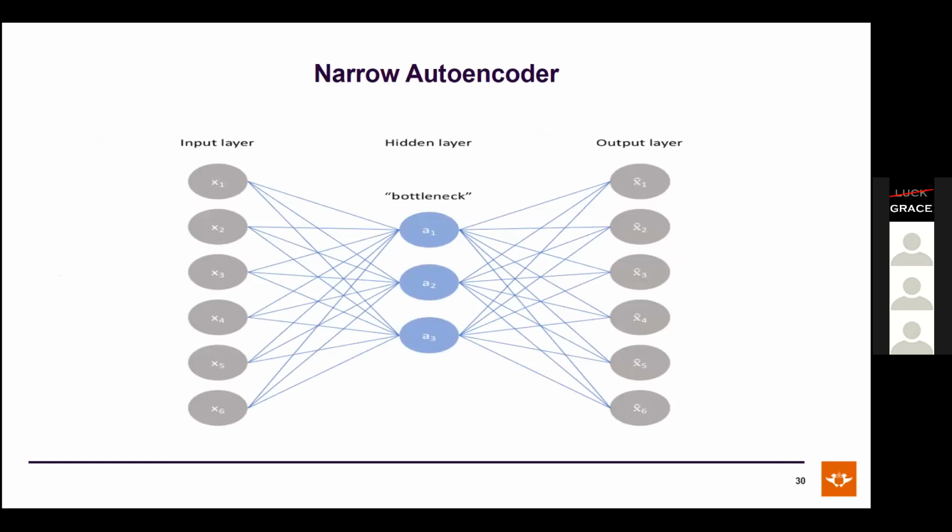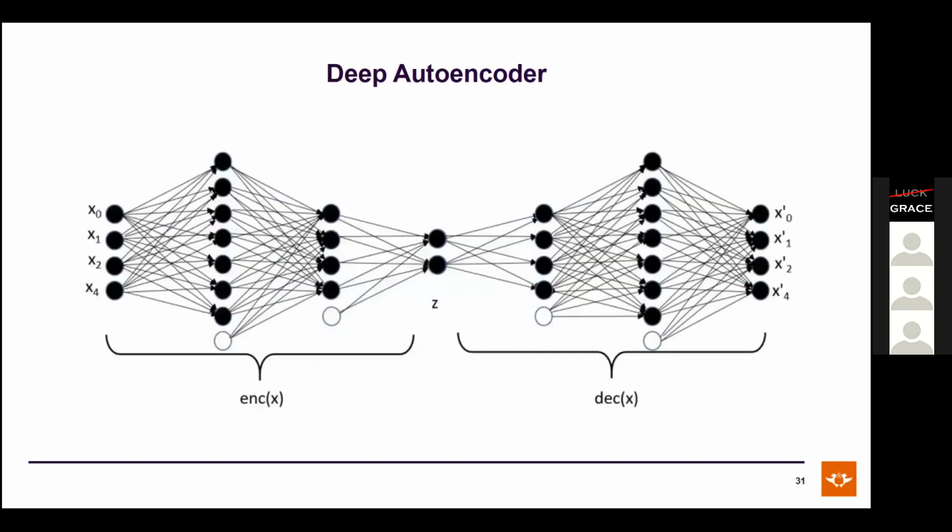Okay, so this is a narrow autoencoder. Like we said, it looks like a butterfly because the number of inputs equals the number of outputs, and then there's a bottleneck layer, which has fewer nodes than the input and the output. So it looks like a butterfly. Now that's a narrow autoencoder. Now a deep autoencoder is deep because it has multiple layers.